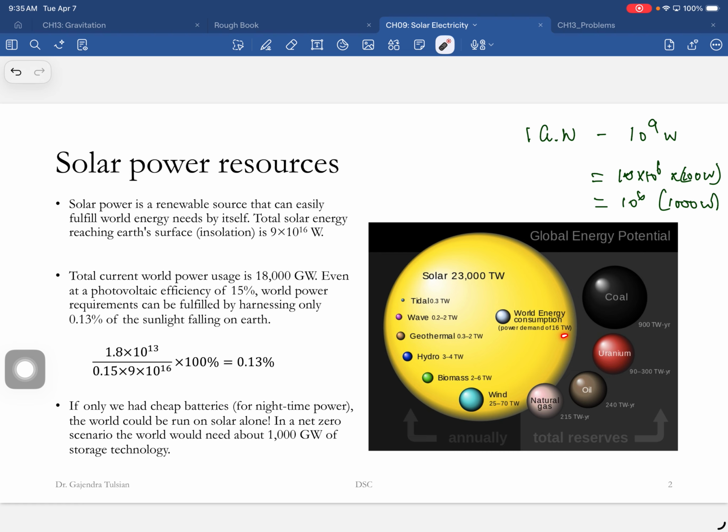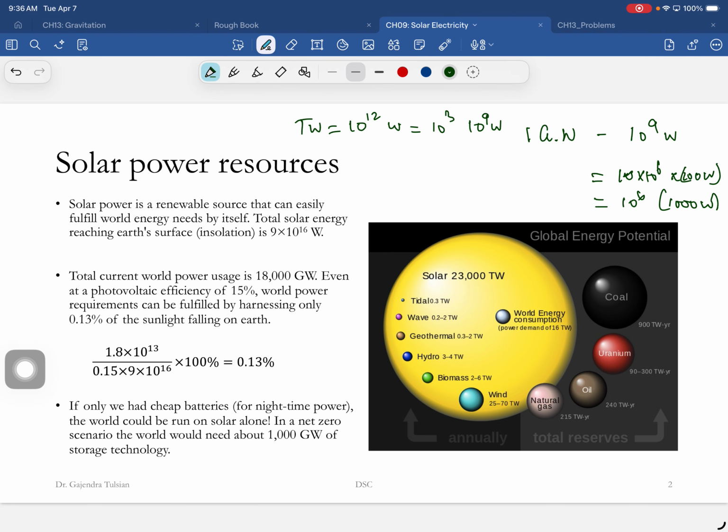A terawatt is 10 to the 12 watts. It's 1,000 gigawatts. So a terawatt is 1,000 Hoover Dams.